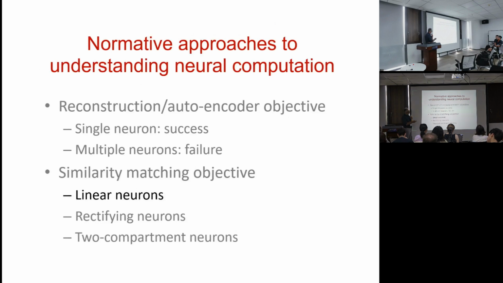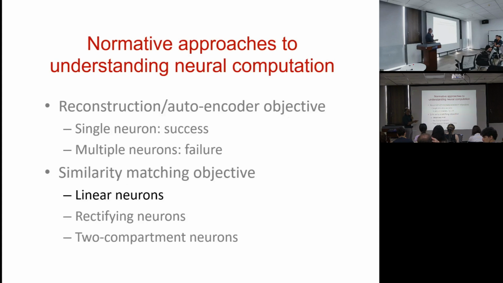And then this new approach, the similarity matching objective, gives you a different mathematical objective that needs to be optimized. But in this case, it has the same solution, also PCA. But because of the mathematical properties of the similarity matching objective, when we derive learning rules from it, they turn out to be local.